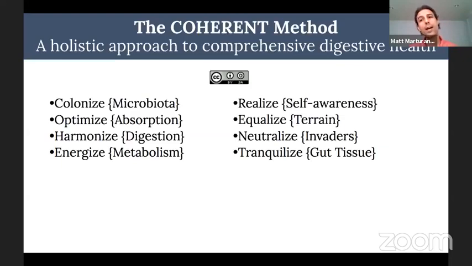But what we find is that when we get rid of those things, they were competing for a space with something else. And when we remove that one thing, something else just comes into that space and causes another problem. So in neutralizing invaders, we're thinking about how we can tolerate invasive species without allowing them to take over the show. And then finally, the last component of the Coherent Method, the T, is tranquilizing gut tissue.